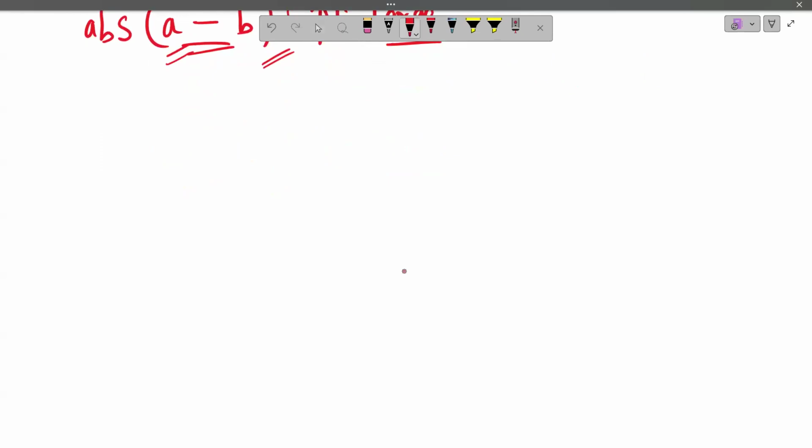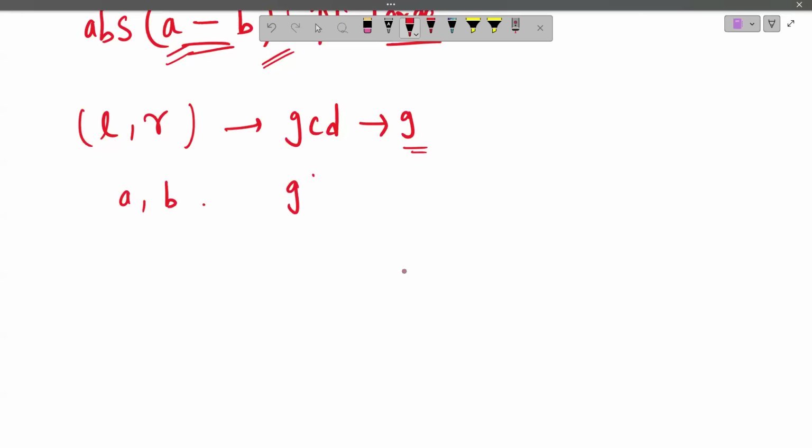So first of all, I want two numbers in the range L to R such that their GCD is G, right? Now, if two numbers A and B have GCD G, then that simply means that G divides A and G divides B, because G is a common factor of both A and B. So first of all, I thought why not scale this problem down?